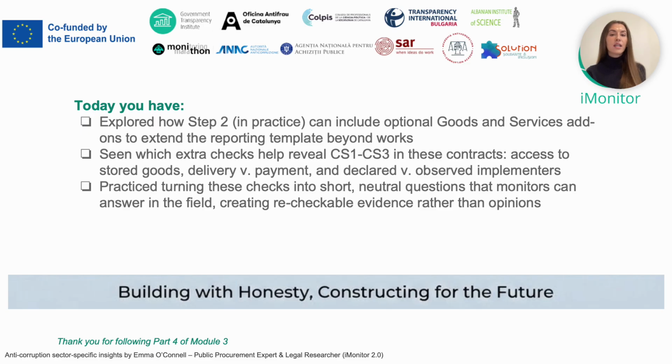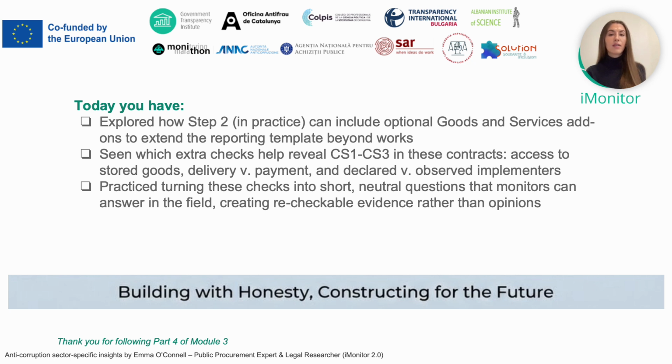This doesn't necessarily create a new corruption scheme, but obstruction is a risk indicator. In practice, repeated or unexplained refusals to show the goods signal someone is worried about what a monitor might discover under Corruption Scheme 1, 2 or 3, so unjustified changes, missing items or even irregular subcontracting.